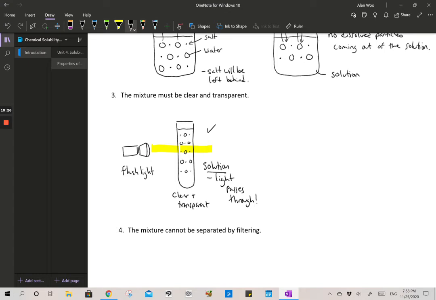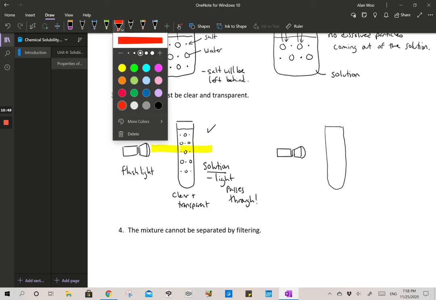Okay. But let's say you have an opaque solution or an opaque mixture. Let's make it blood.